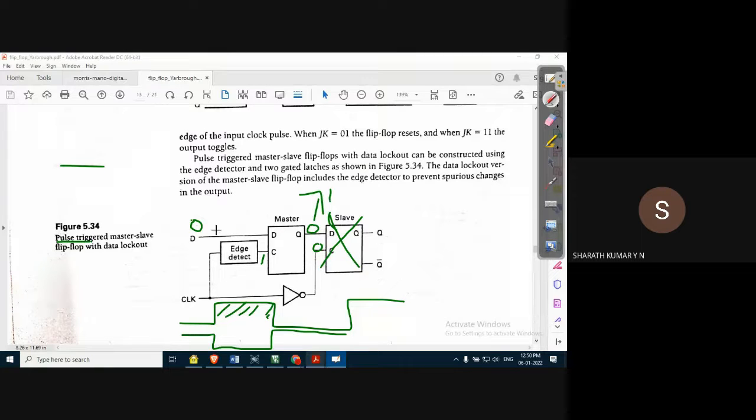Our input may change because of some disturbance, not that we are changing it. The input is 0. Our intention is to store logic 0 into this flip flop. We have given input D as 0, but because of some circuit disturbance, we call it disturbance or noise, whatever it is, the input has changed from 0 to 1, for example.